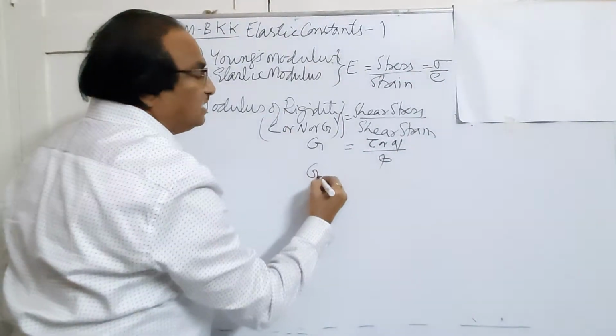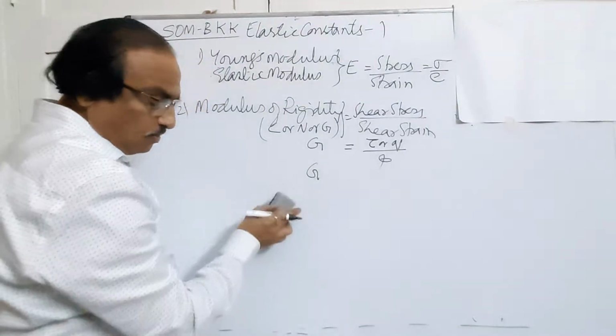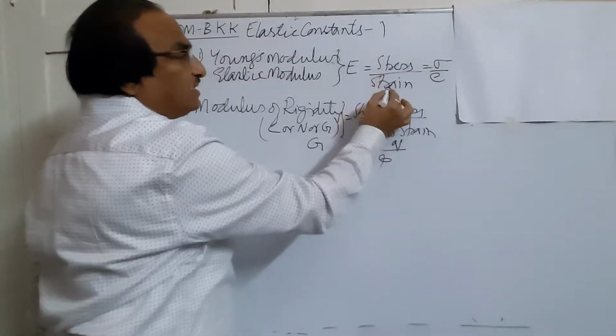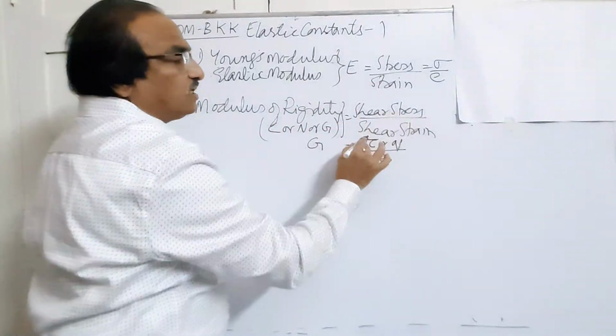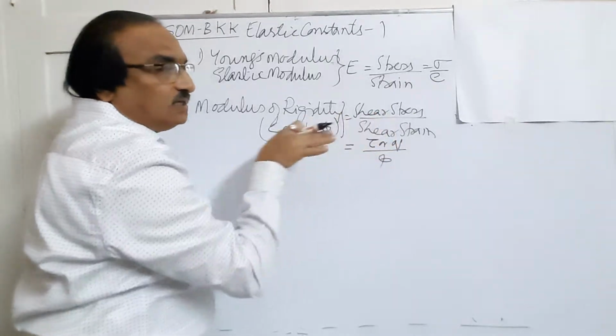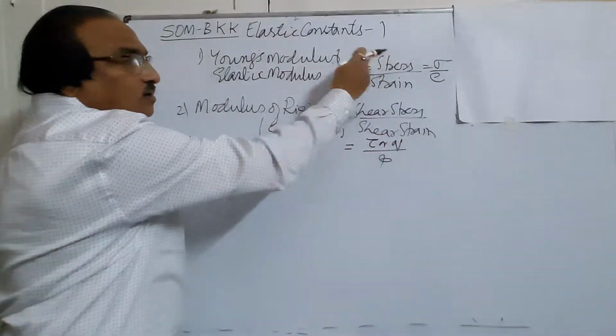So G is given by tau by phi. So this is modulus of rigidity, shear stress by shear strain. Stress by strain is Young's modulus. Shear stress by shear strain is modulus of rigidity. And what is shear stress? The stress due to the parallel or tangential force. This is the normal force.